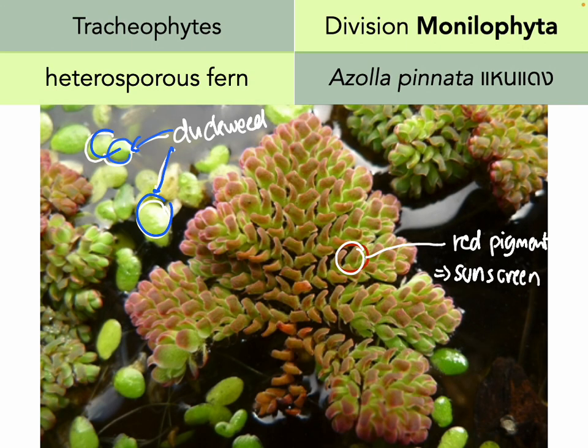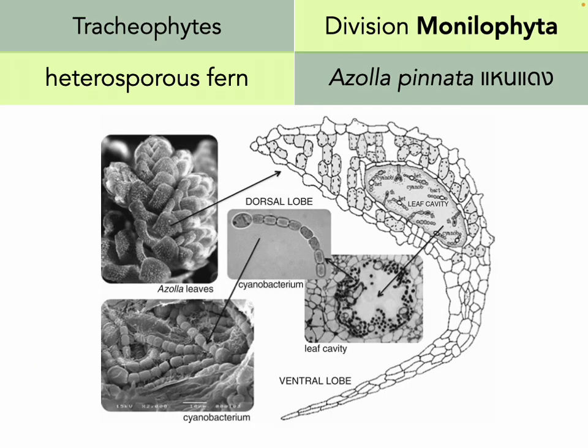If you cut open the Azolla, if you break each frond open, inside each frond or each leaf, there's a cavity, like an empty hole. There's a hole inside the leaf, and inside that cavity, there are cyanobacteria.